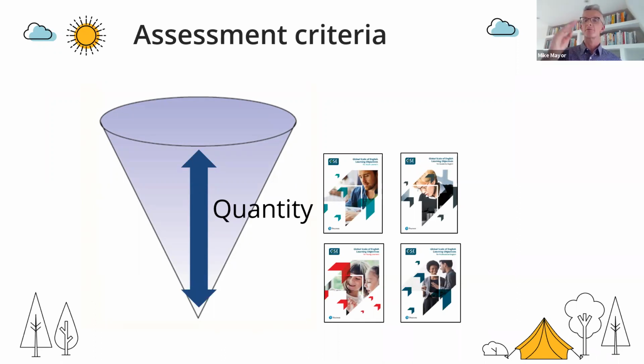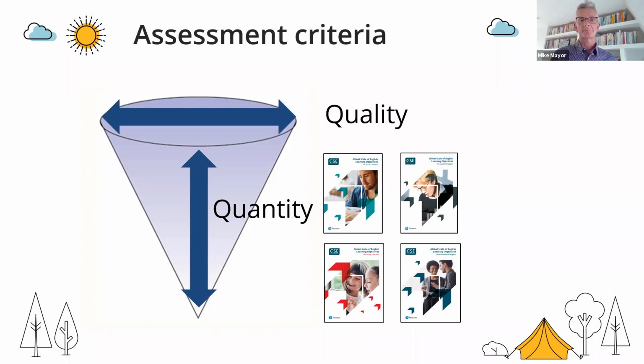And for that, we have the learning objectives. The second thing is, how well can they do it? For example, can order food in a restaurant. That's actually leveled quite low. But if you're a more fluent speaker, of course, you can do it using higher level vocabulary, more complex grammar. So we have these two parameters.